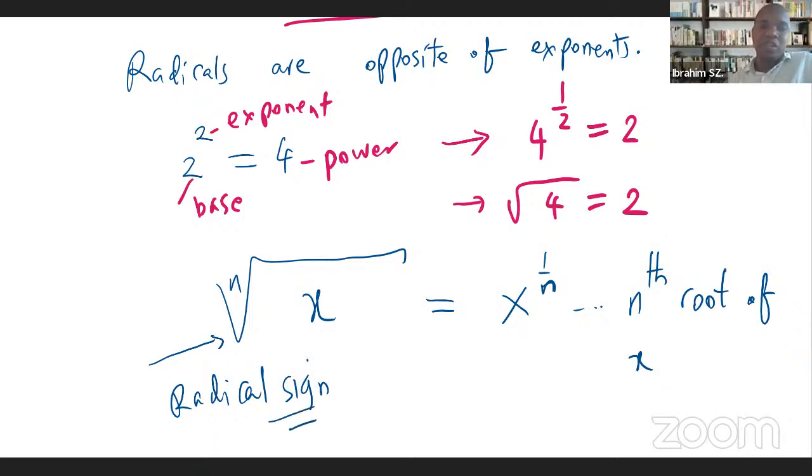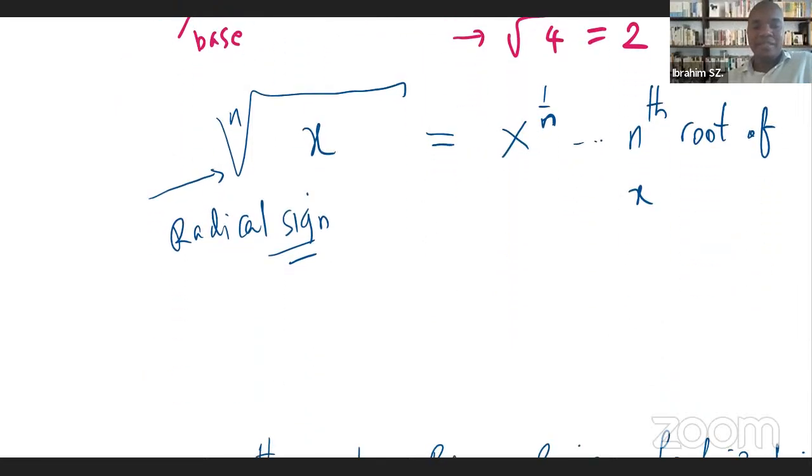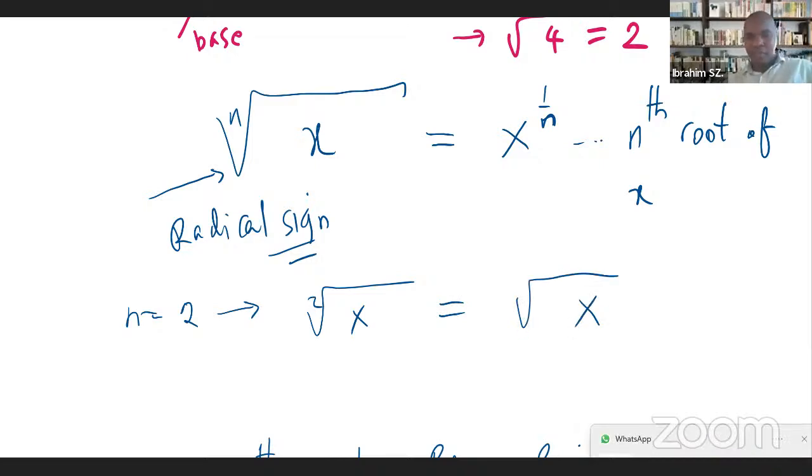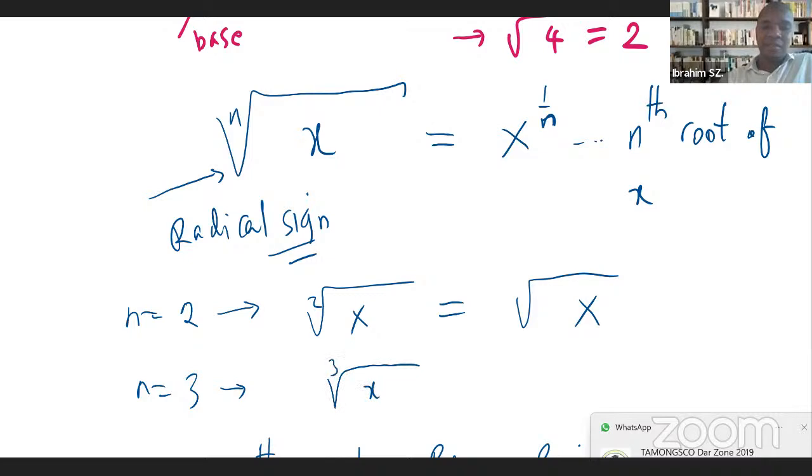Mind you, kuzungumzia square root manake the value of n equals 2. So when n equals 2, basically you have square root of x, which can be written x power 1 over 2, of course, also expressed in exponent form.